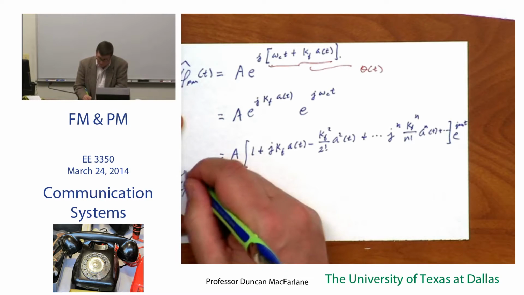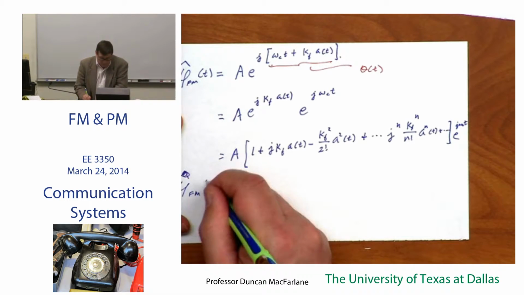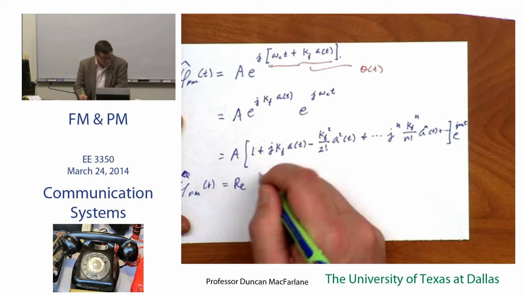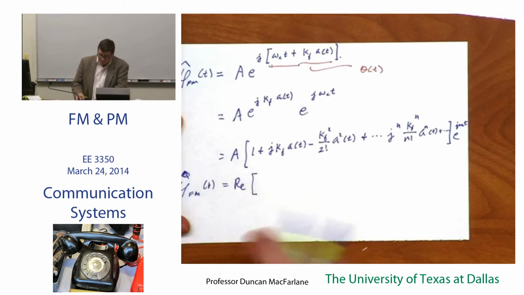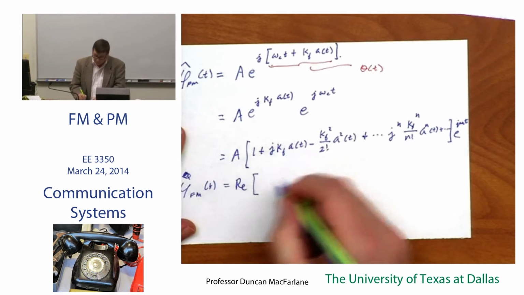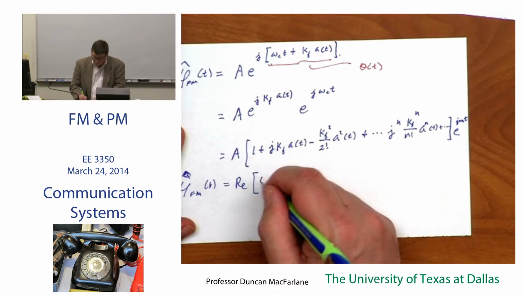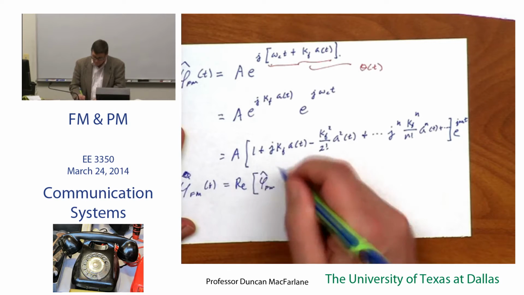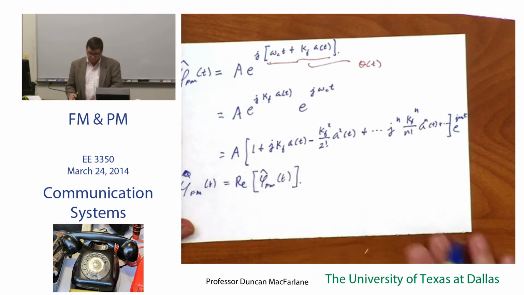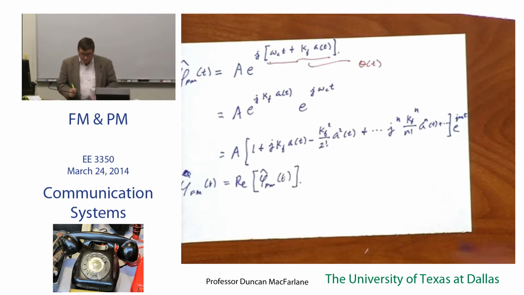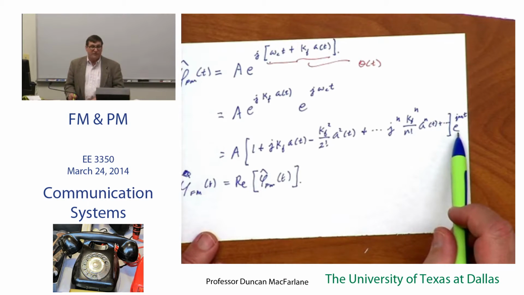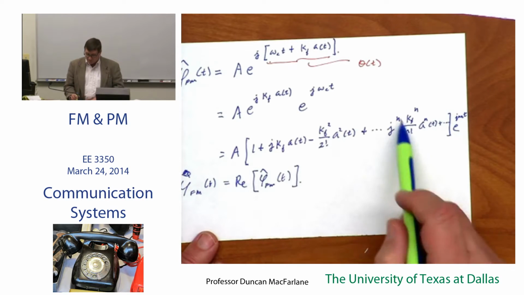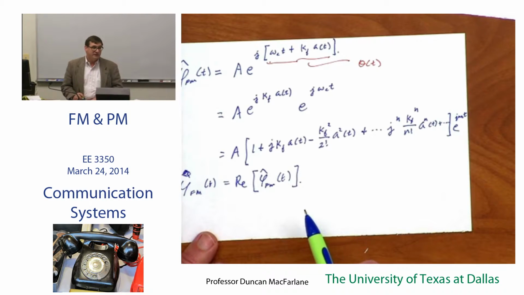And to recover the actual non-phasor notation, I take the real part of this. And the real part is influenced by cosine plus j, cosine of omega ct plus j sine of omega ct. And then all these j's, whenever my n is odd, I'll have a leftover j.